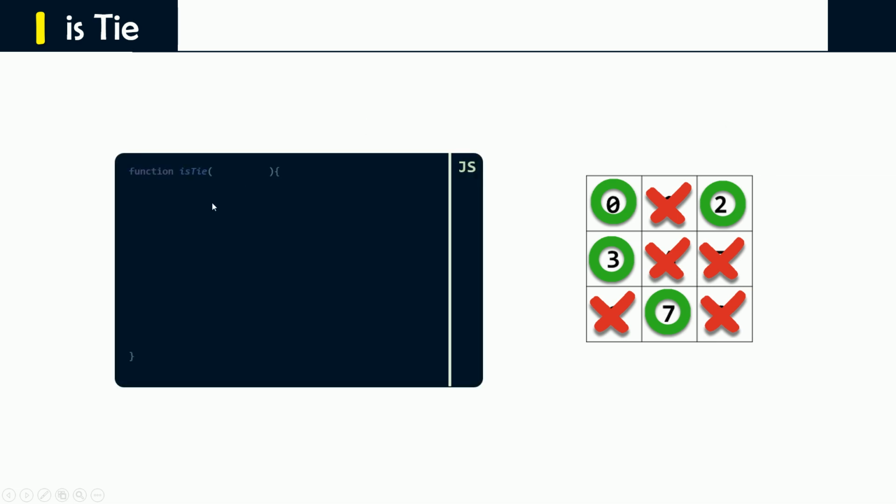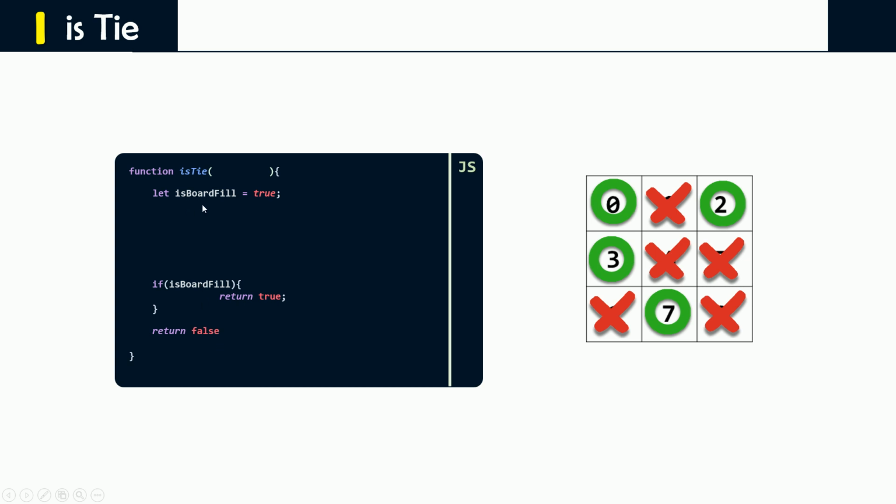So our function here isTie, all what it has to do is to determine if the board is filled or not. To know that, we're going to assume that the board is filled, like we did before with the isWinner function. We're going to assume it is filled. Then here we're going to determine is really filled. If it's filled, we're going to return true. If it's not, we're going to return false.